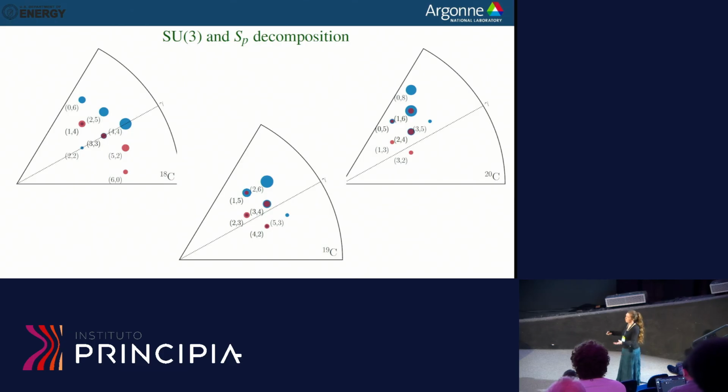But again, you're seeing this alpha cluster picture breaking down because of the increasing number of proton spin equals 1. In carbon-19, you've moved past maximally triaxial into more oblate, and carbon-20 is fairly oblate in its distribution of SU3 shapes.